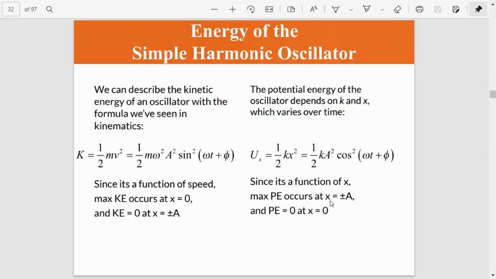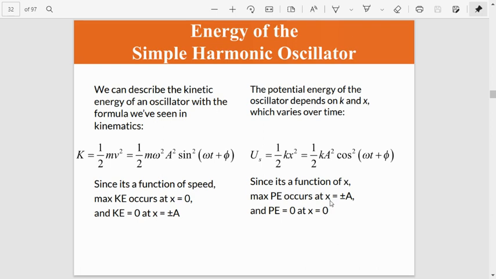First off, I want to talk about the energy of an oscillator, because after all, if it's moving, it must have at least some kinetic energy, right? We talked about in kinematics last year that the kinetic energy of an object in motion is 1/2 mv squared. So we can apply this formula for an oscillator. Think of the mass spring system.